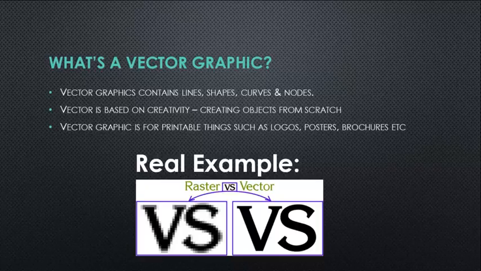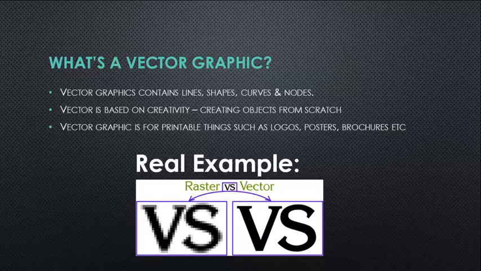Basically, there are two kinds of graphics. One is called vector graphic and one is called raster graphic. So vector graphic means you have to create this kind of graphic using software like Corel, Illustrator, Freehand, and this kind of software.